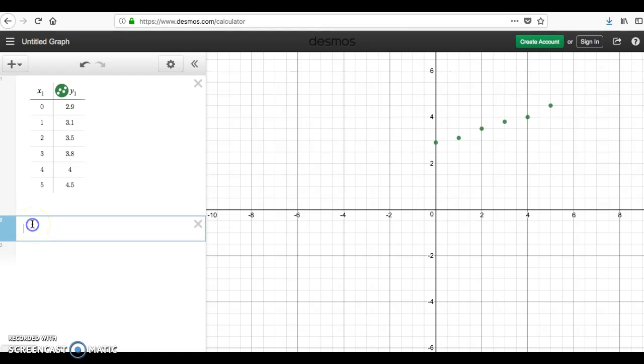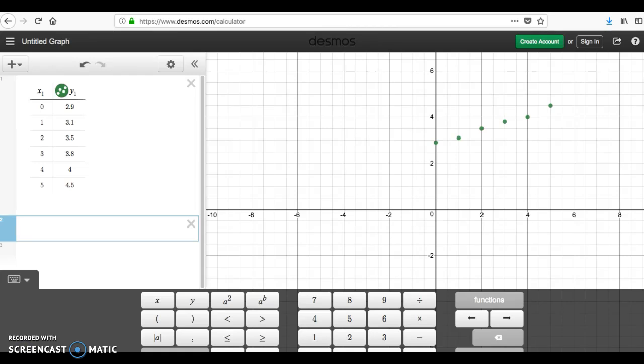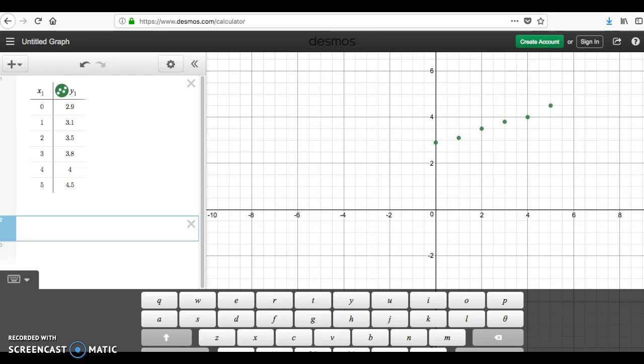It says to type in the equation y sub 1 is about equal to m times x sub 1 plus b. So down at the bottom, I'm going to pull up my table pieces. When I click ABC, down on the bottom here, we have a sub b.